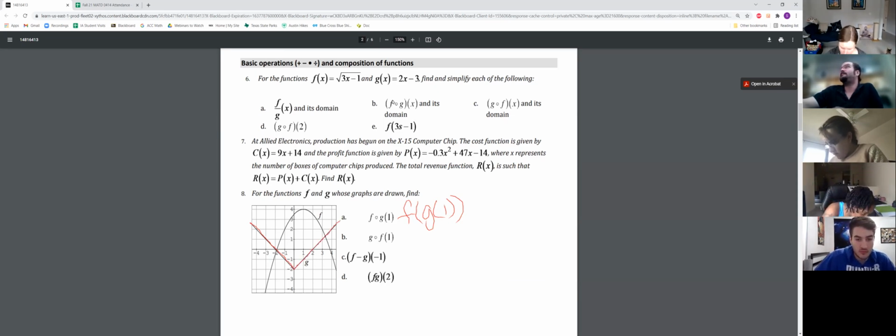Minus 1. It's this point right there. So I'm going to substitute in, instead of G of 1, just a -1, because G of 1 is equal to -1. All right, so F is the parabola. So what is F of -1? 2. Yep, so -1 goes up to 2 right there. So this whole thing just equals 2.